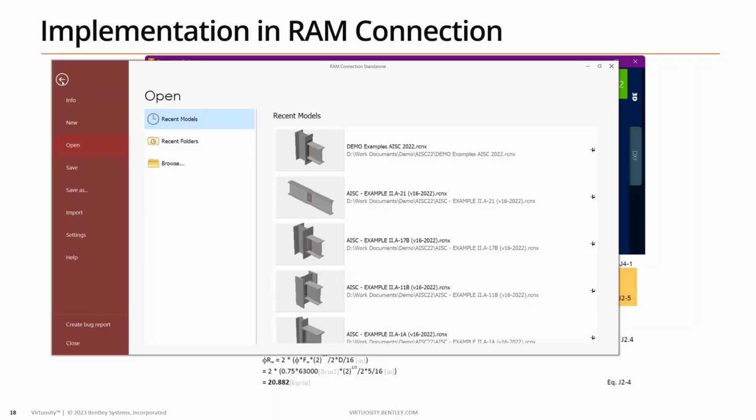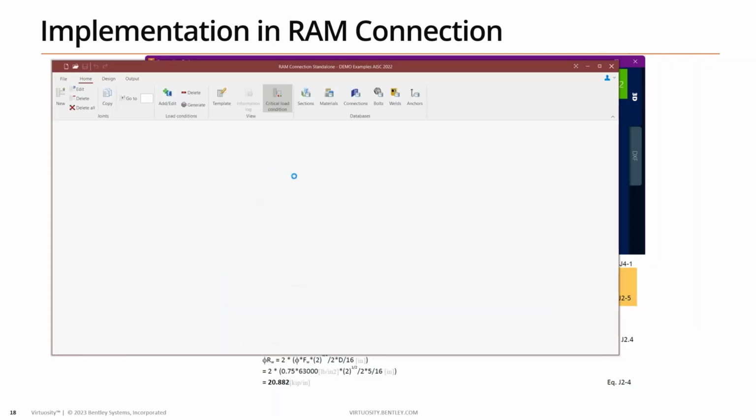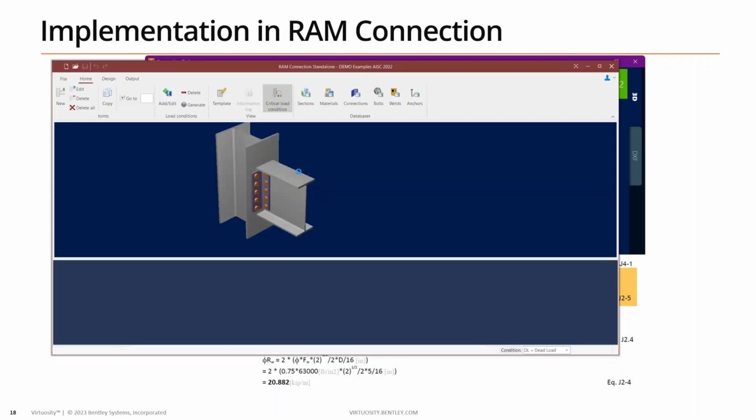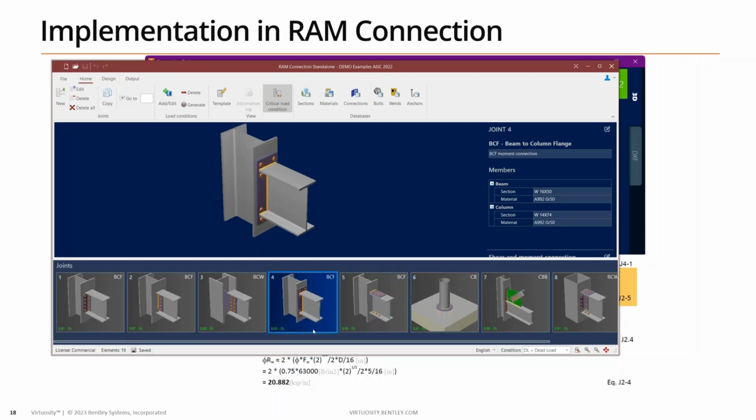The only difference really is that in the standalone version of RAM connection, the user defines the joint. What are the members that are framing together and what are the loads? In the integrated versions, we take that information from the main model. We know that it's a particular beam size, a particular column size. We know what all the forces are for all the load combinations and so forth.